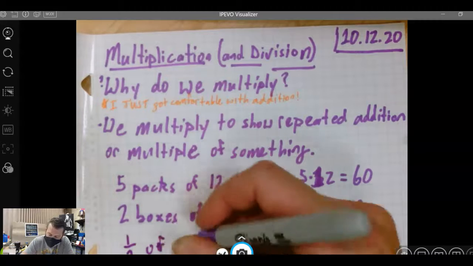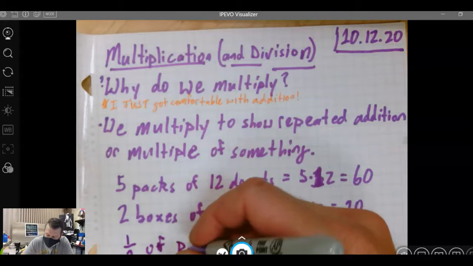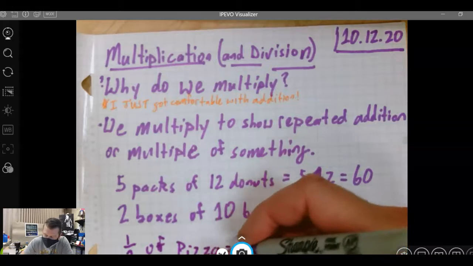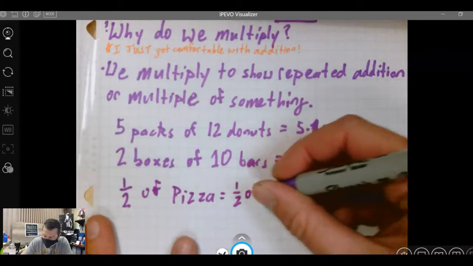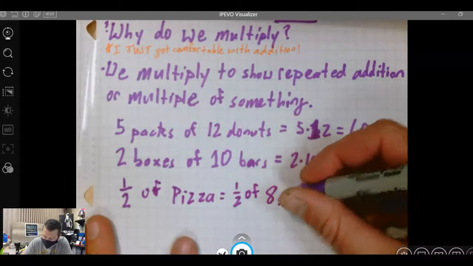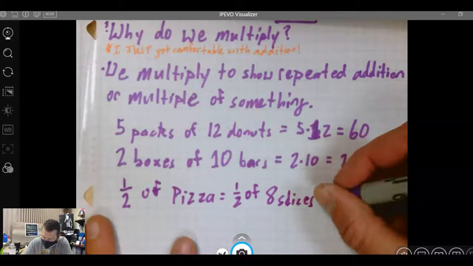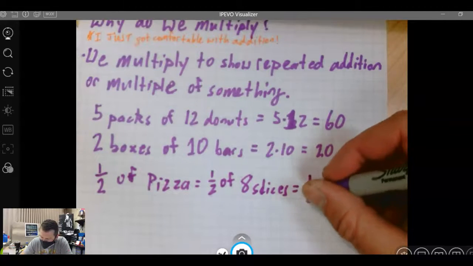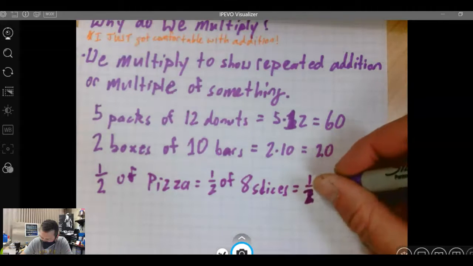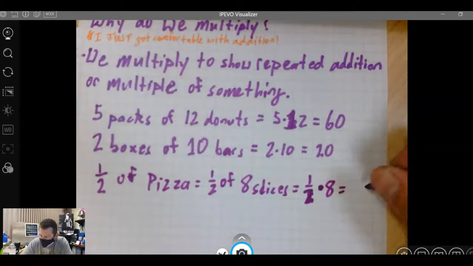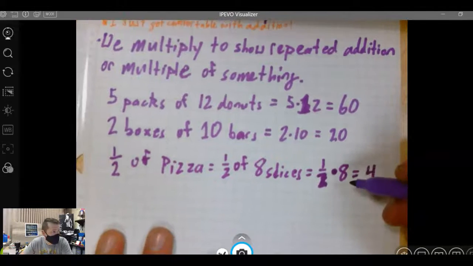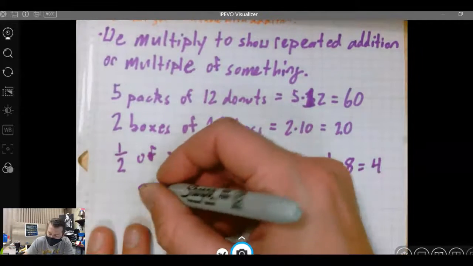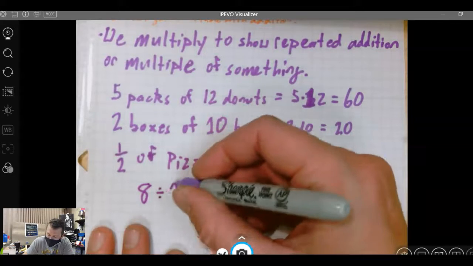Half of the pizza. Well, if the pizza is 8 slices, that's half of 8. Half of 8 is 4. Half of 8, that's the same thing as saying 8 divided by 2.